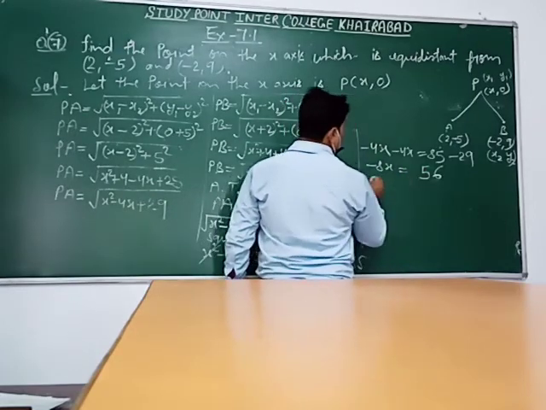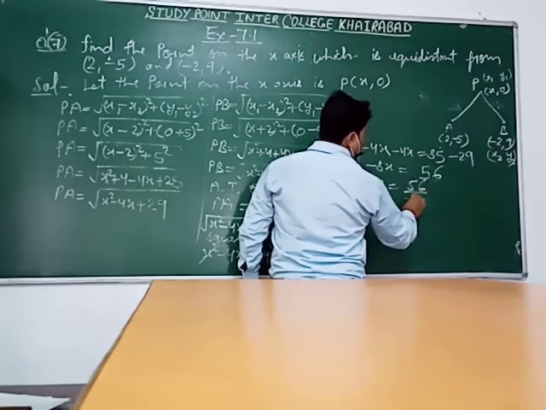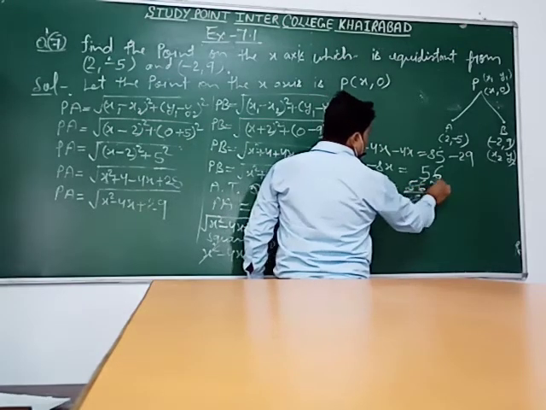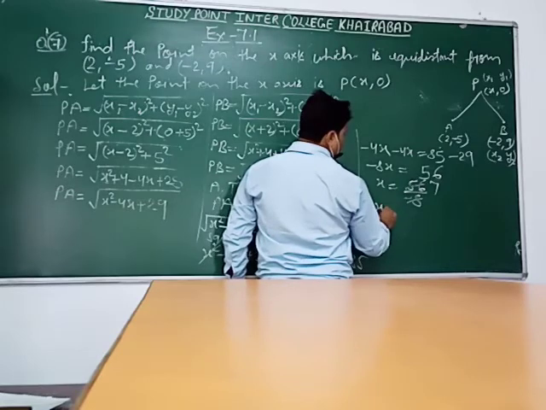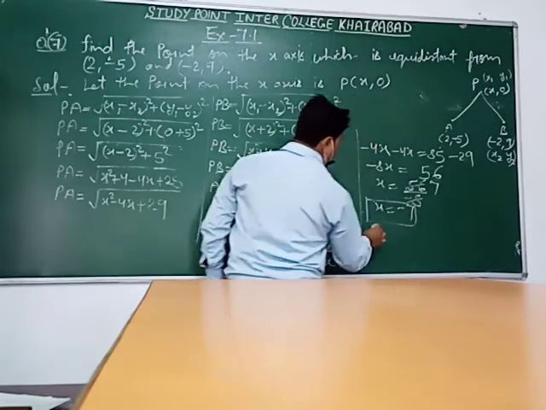So x equals 56 upon minus 8, which is minus 7. X equals -7.